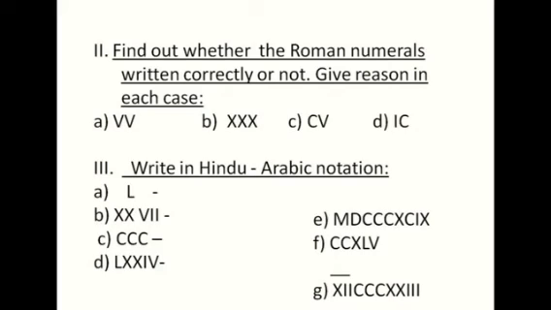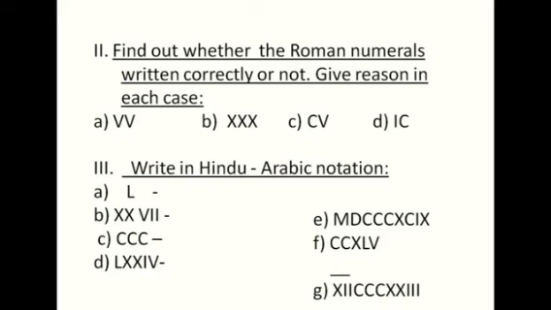Question A, VV. I am just explaining one sum. You will try the rest of the sums. VV means V has been repeated 2 times. You check through your rules and restrictions whether V is allowed to repeat or not. If it is allowed, then VV will be correct. If it is not allowed, then it will be wrong.